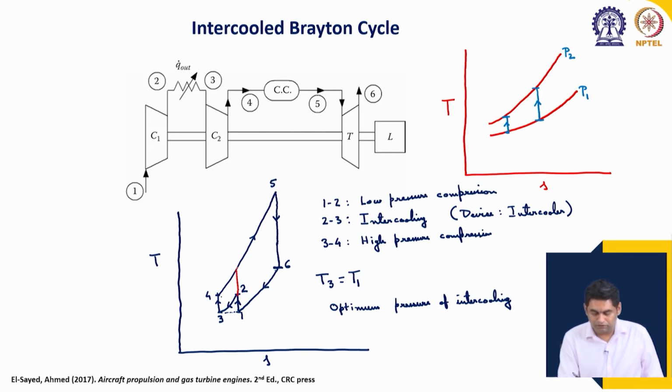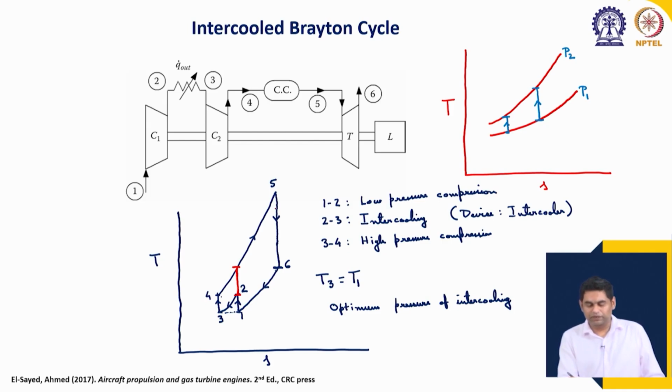Corresponding to that, the additional work needed is now much lower. Because the constant pressure lines are diverging along this, we can calculate and see that this is the case. Instead of this original red line, we are shifting this to a lower temperature process. So, we expect that the work input to the compression process will be lower.